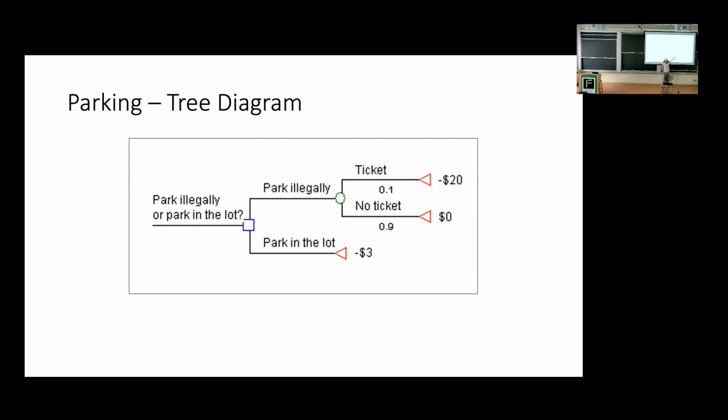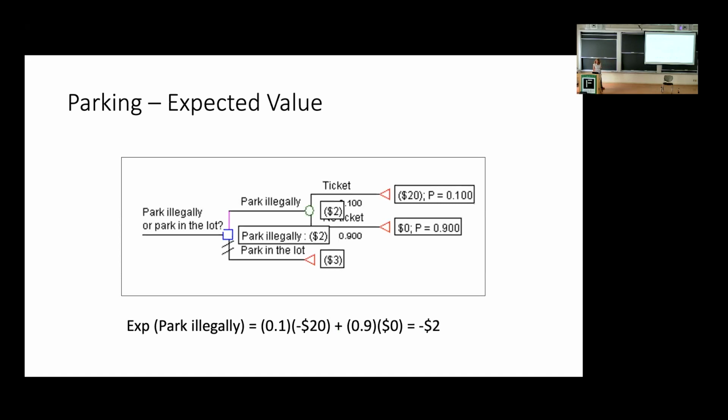You pay exactly $3. If you're not going to park in the lot and you park illegally in the street, 2 things could happen. Either you get a ticket or you don't, but you don't know exactly what is going to happen. So you have a 10% chance that you get a ticket, then you pay $20, or a 90% chance that you're lucky, you're going to pay nothing at all. What we're trying to do is figure out our expected value.